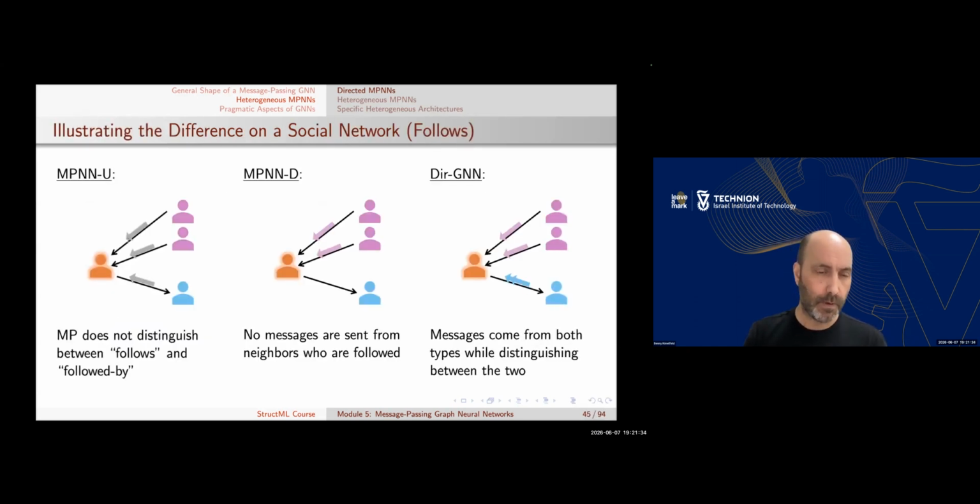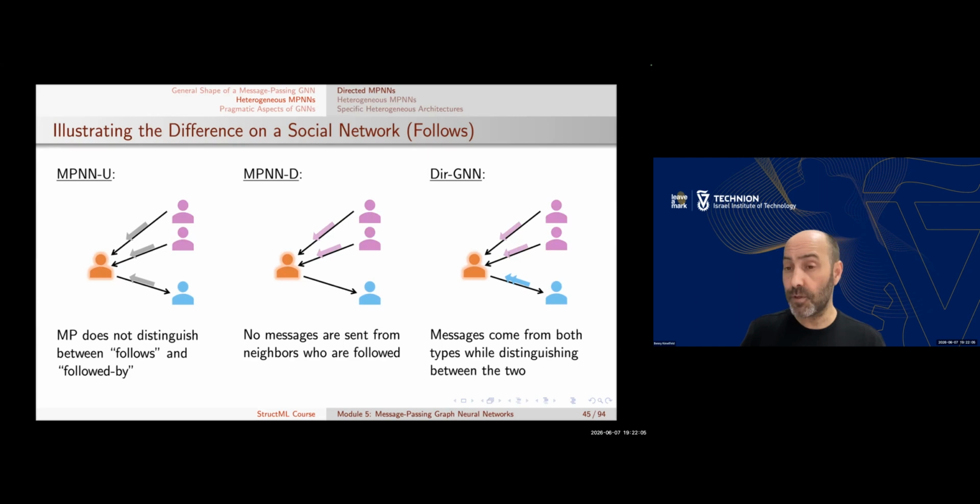Here's an illustration of the three options. In MPNN-U, we collect these messages regardless of whether one is an incoming edge or an outgoing edge; we simply ignore these directions. Here we collect messages only from the incoming edges. We ignore this edge, and consider only this edge that is incoming to the blue node.